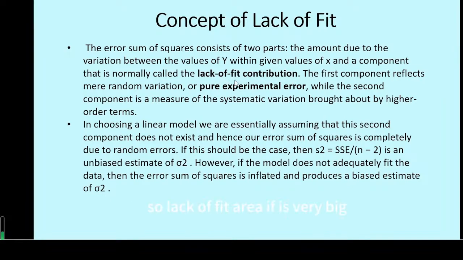If the lack of fit error is very big, the model is not appropriate. So we hope the lack of fit error is as small as possible, and most of the error comes from pure experimental error. And this pure experimental error, we use repeated observations to test.